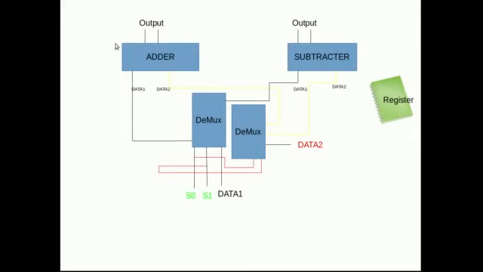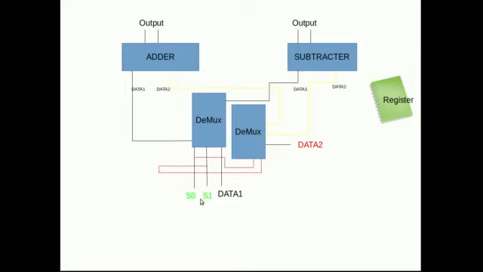In this simple circuit, we have an adder, a subtractor, and a demultiplexer. Basically, a demux is a circuit that takes one data, and according to the switches S0 and S1, it can output that one data to either one circuit or to the other circuit.